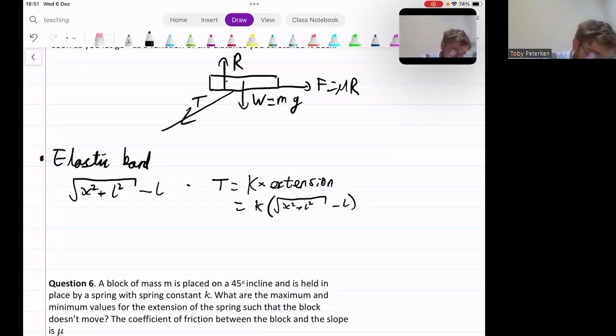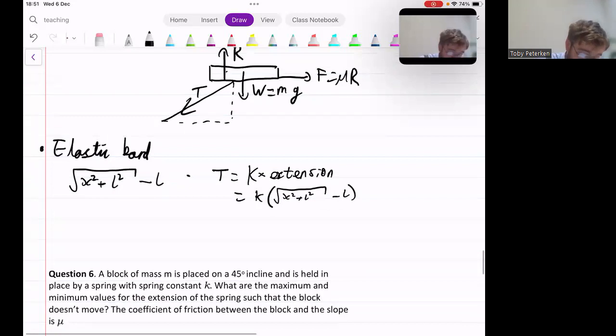So we want to split this up into the forwards component and the downwards component. So let's say it makes an angle theta. And we'll see that there is a trick for working out theta.